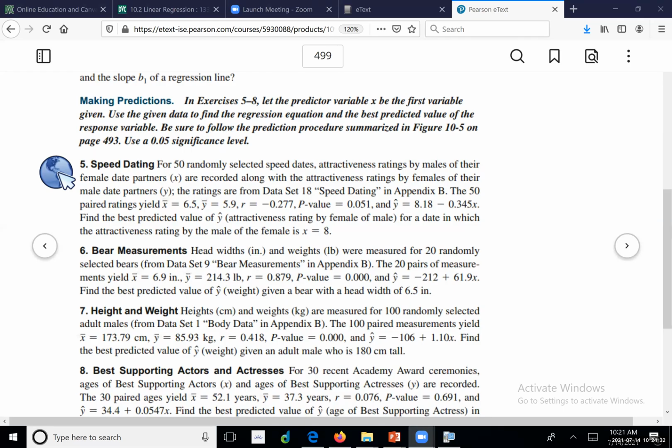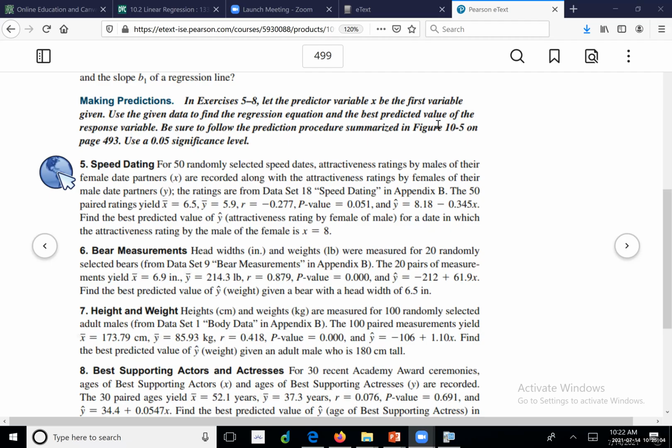Okay, for number 6, first off, the head width and weight were measured for 20 randomly selected bears. And then some measurements are given.